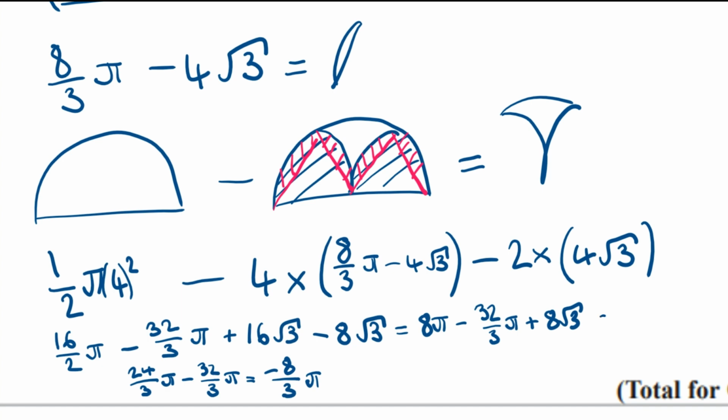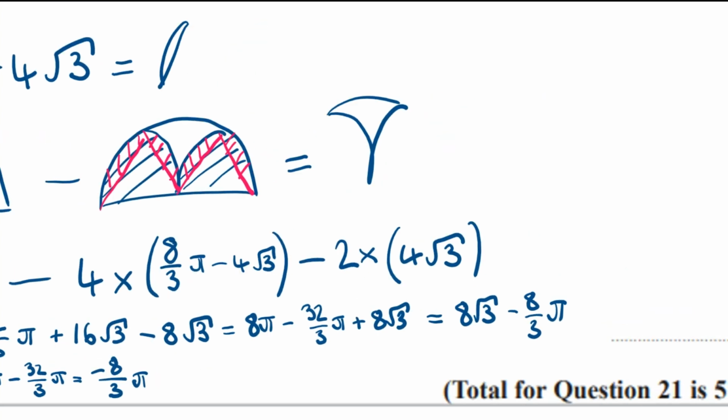So what we have now, once we simplify this, is 8 root 3 minus 8 over 3 pi.